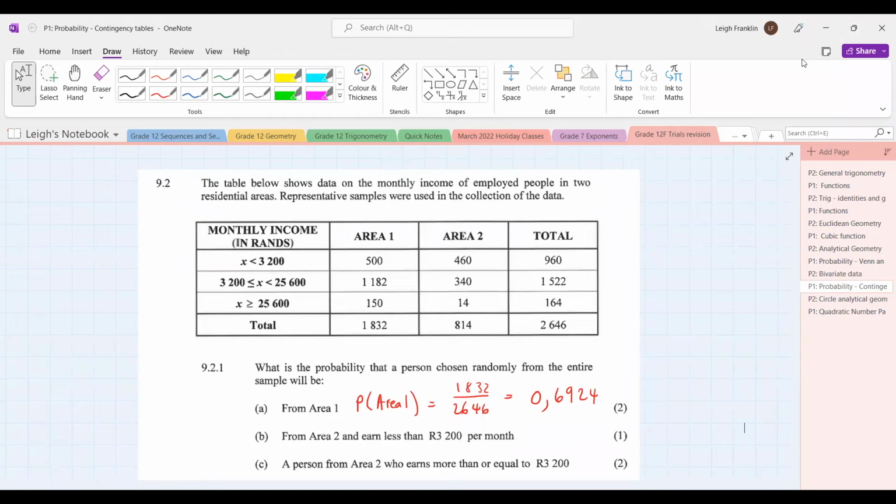The number of people that come from area 1 and earn less than 3,200, that's 500. But the total number of people from area 1 is 1832 out of 2646. So that is very definitely correct. Now we're being more specific: from area 2 and earn less than 3,200 Rand a month.